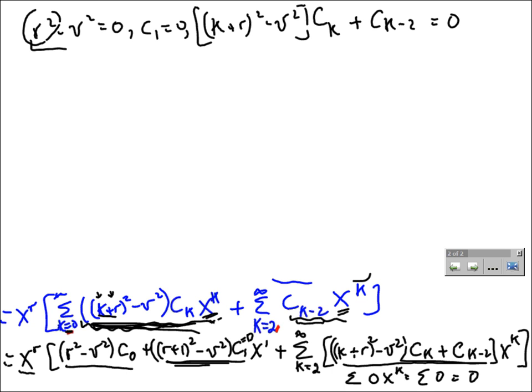Well, if you subtract two quantities and you get 0, that means r squared should equal v squared. That is, r is plus or minus v.